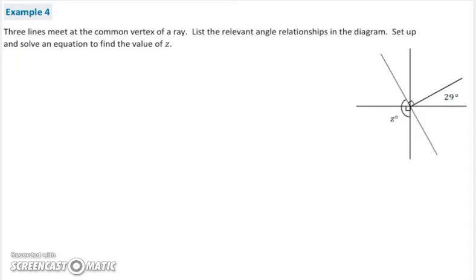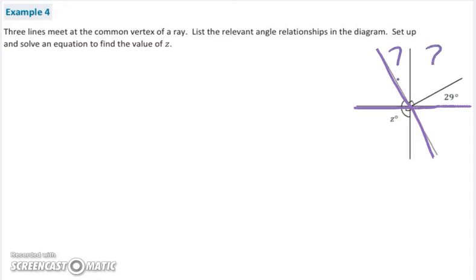Let's see. What can we fill in? Are there any relevant vertical angles here? I see one pair of vertical angles. I see this guy, and he is vertical to that angle, but that's not going to help us. Look at all these blanks here. I don't know what this is.